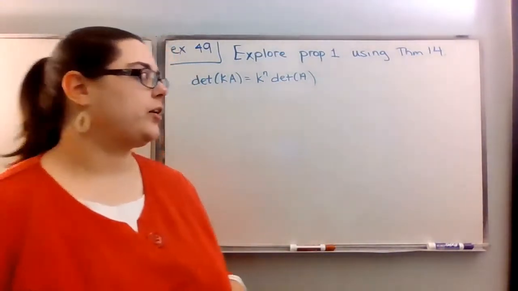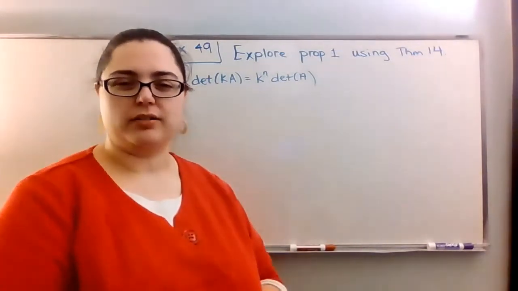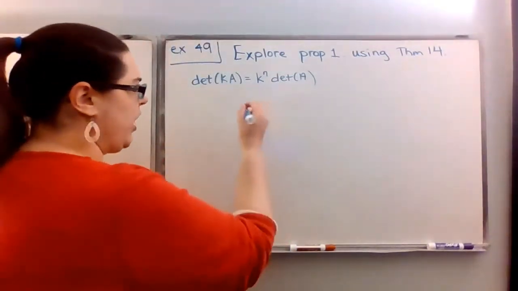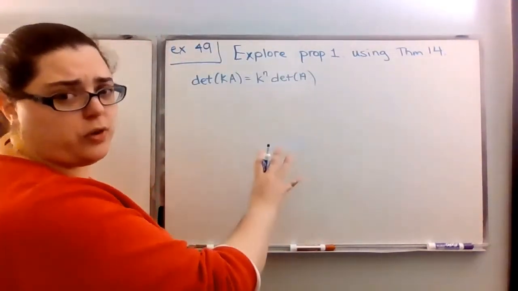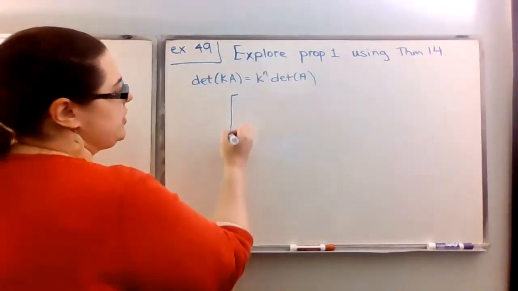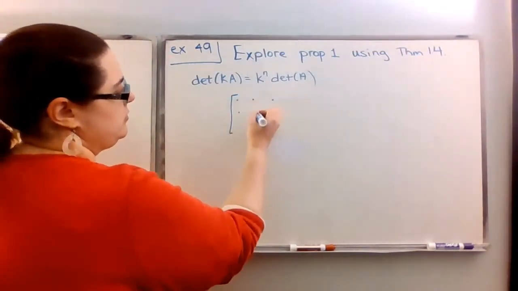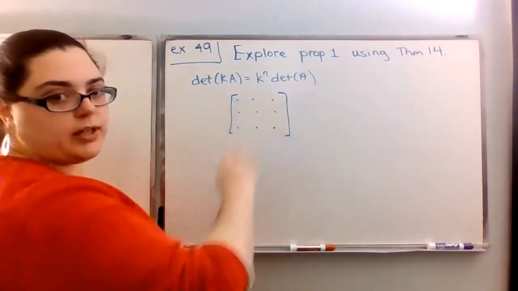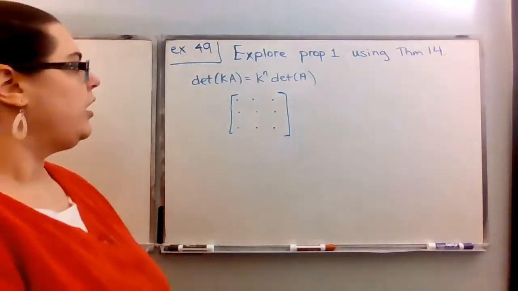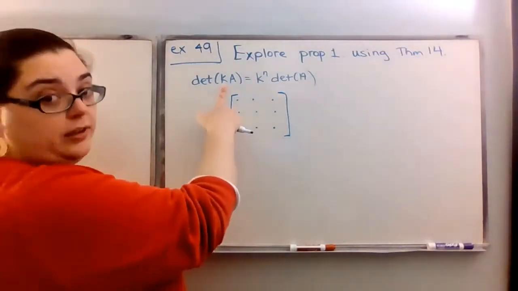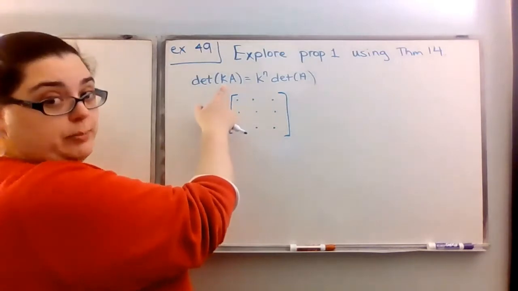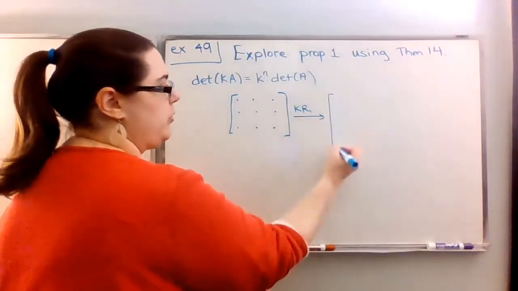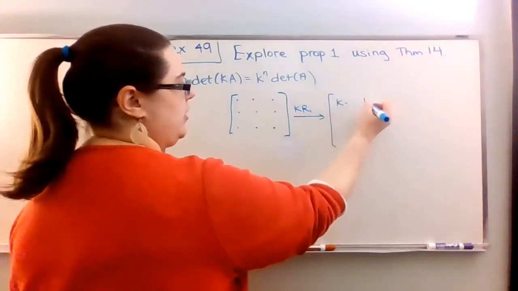So I'm going to start out here with just looking at a 3x3 to help us get a sense of things, and then we'll explore a little bit more. I'm just exploring this, so I'm not going to use formal notation or anything fancy. So let's say I've got a 3x3 matrix. We've got some a11, a12, a13, and so on. So we've got some values there. Now, if I were to take KA, I can get there actually by doing row operations. I could do K row 1. So now I'm going to have K times whatever was there.